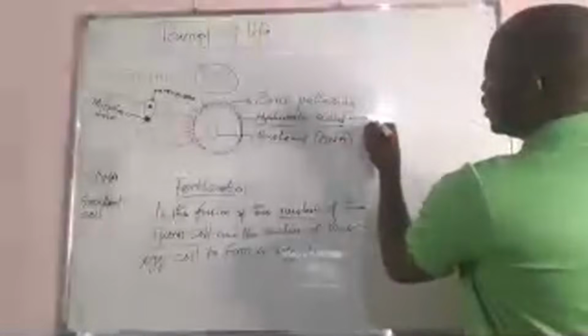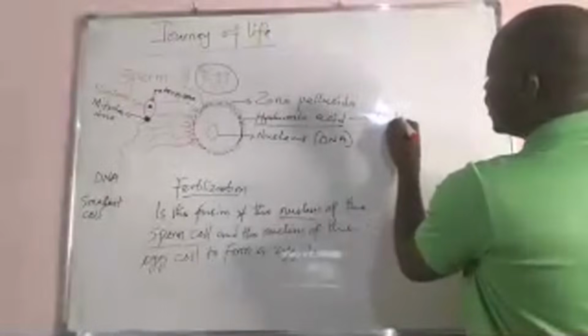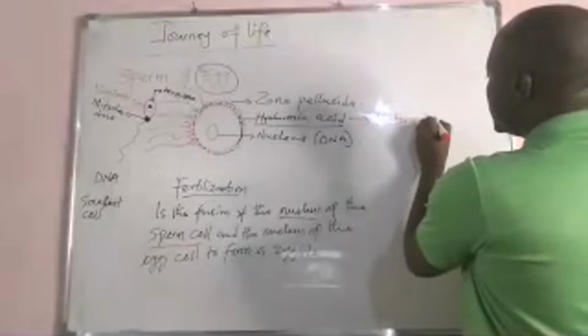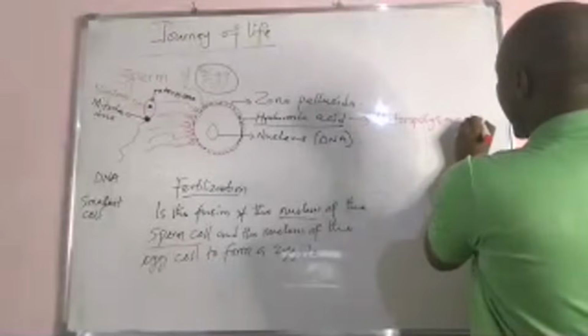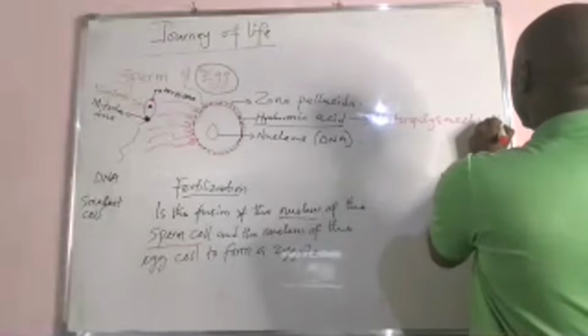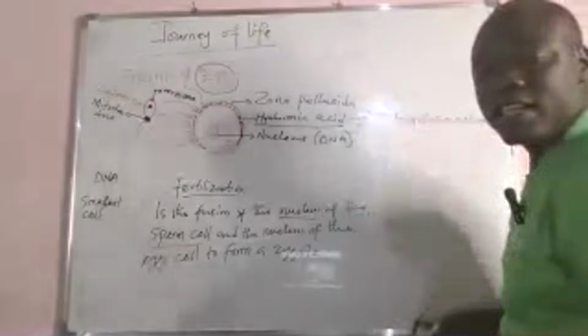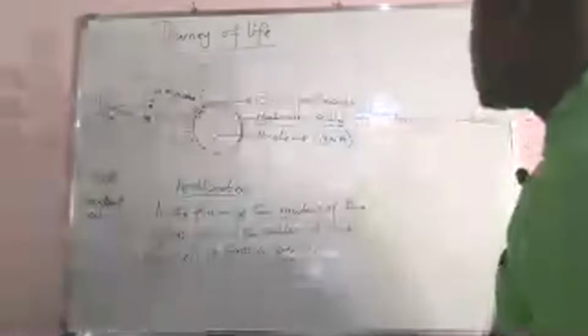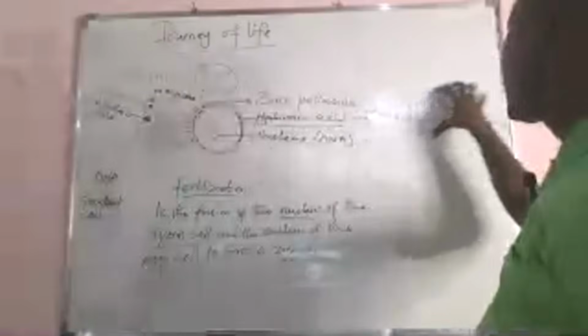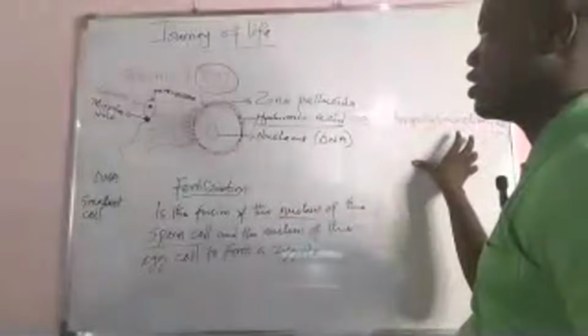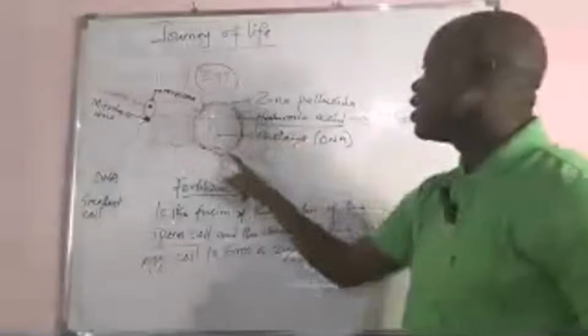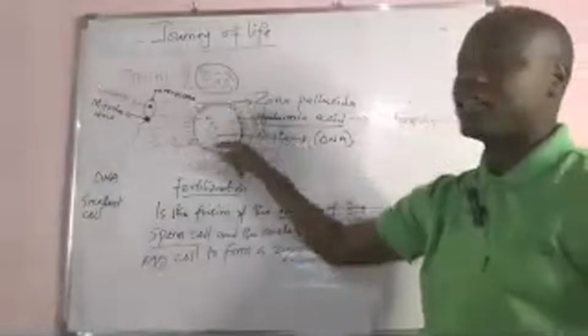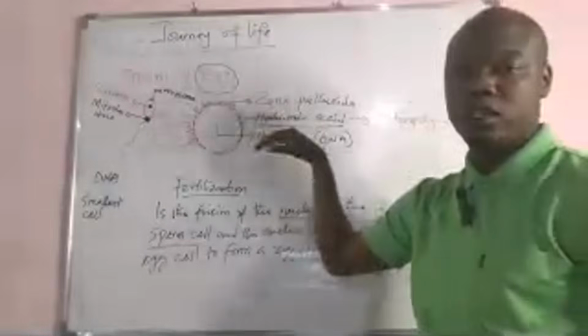It's a heteropolysaccharide. I remember last time you watched a video on carbohydrates. So hyaluronic acid is a heteropolysaccharide. It is actually the heteropolysaccharide that covers this zona pellucida.